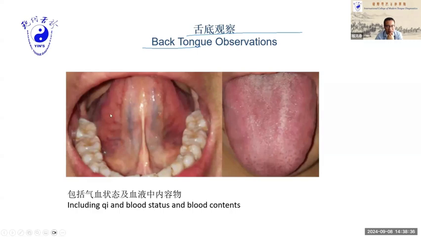If the small vessels get enlarged and red, you need to think the patient's blood contents have changed, like too much sugar, too much uric acid, or too much fat.